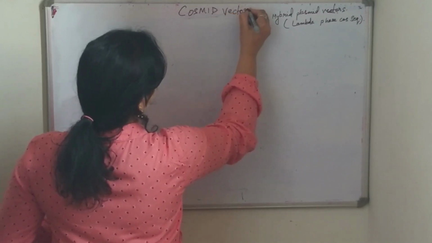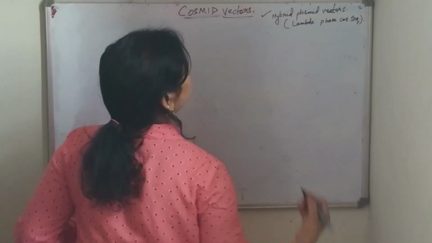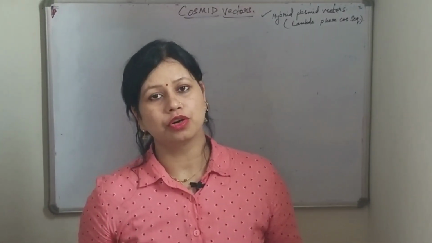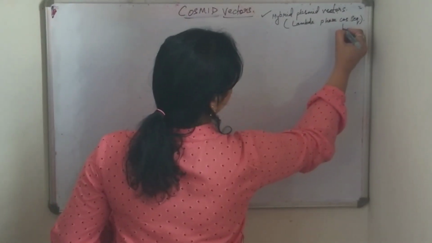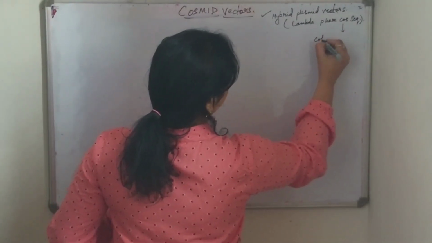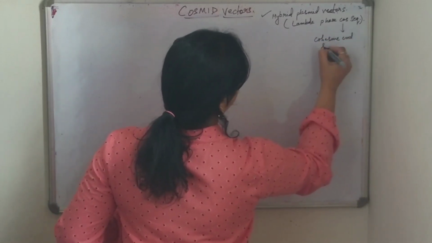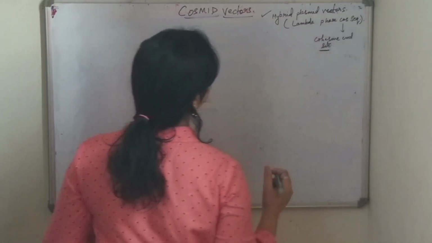These are hybrid plasmid vectors having the lambda phage cos sequence. Cos means cos site, cohesive end site. About this I will tell you in detail.